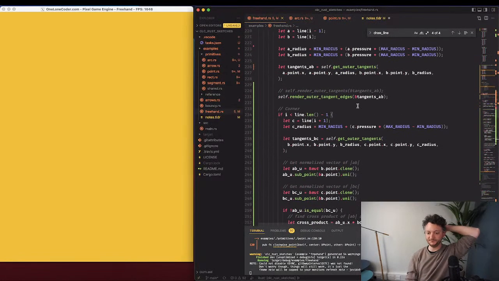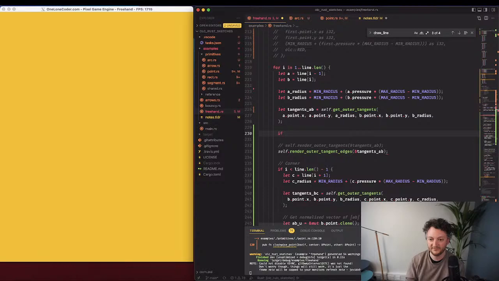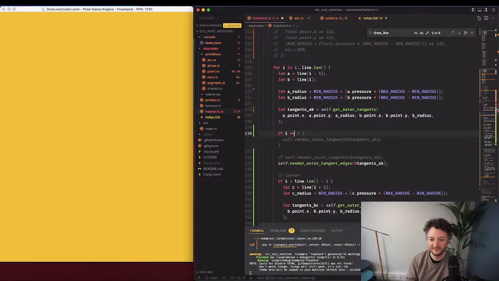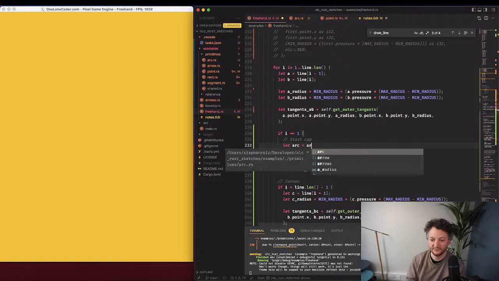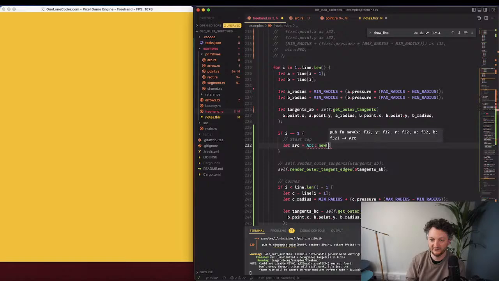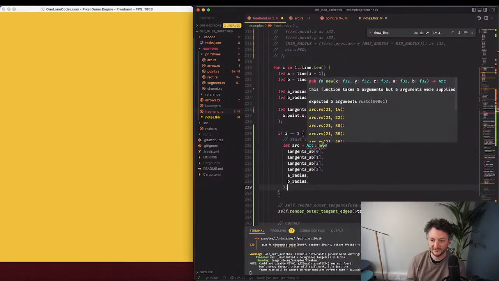So if I1 start cap at arc equals arc. So we're going to draw a cap at the first point and at the last point.